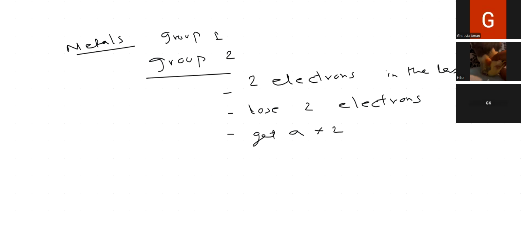Similarly, those who are in group number 3 have 3 electrons in the last shell.